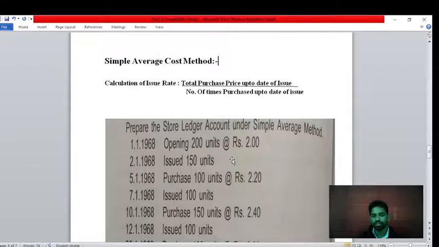Up to the date of issue only one purchase was made, and the purchase price we take is 2 rupees. The number of times purchased up to the issue date is 1. Like this we ascertain the issue rate for these 150 units.